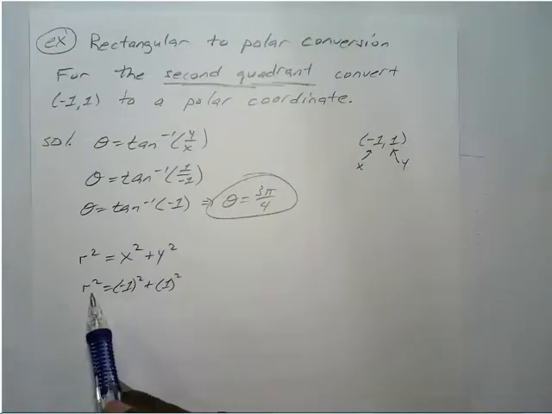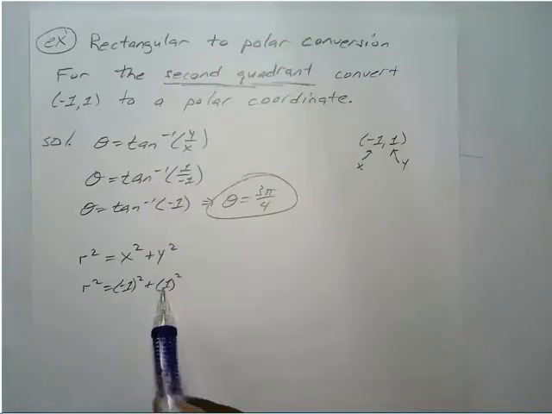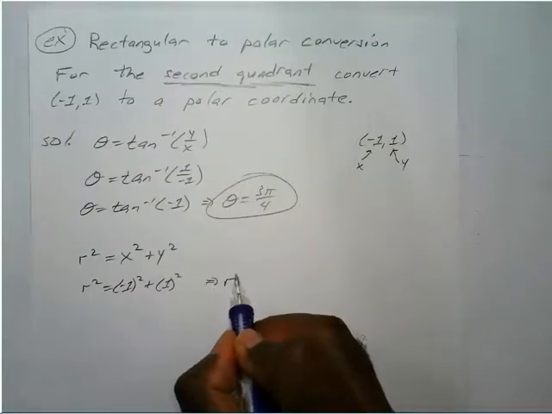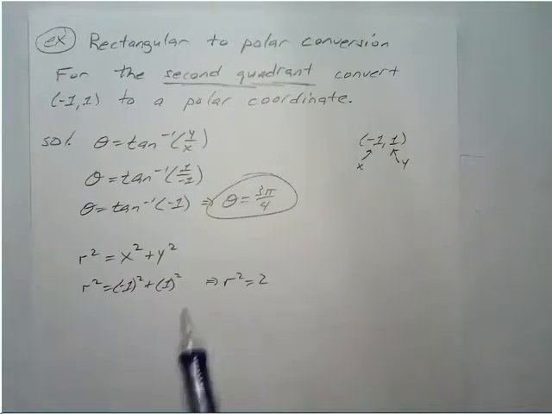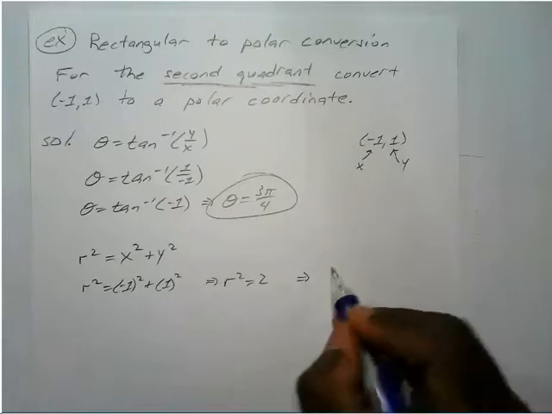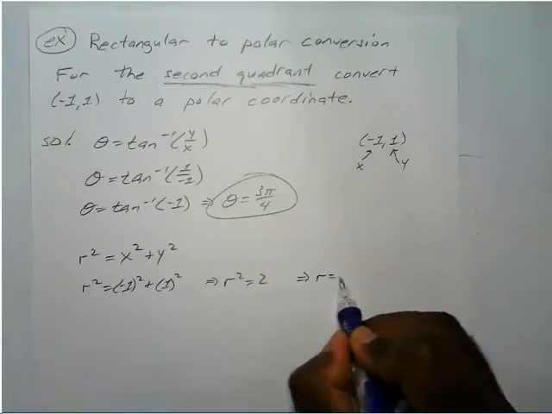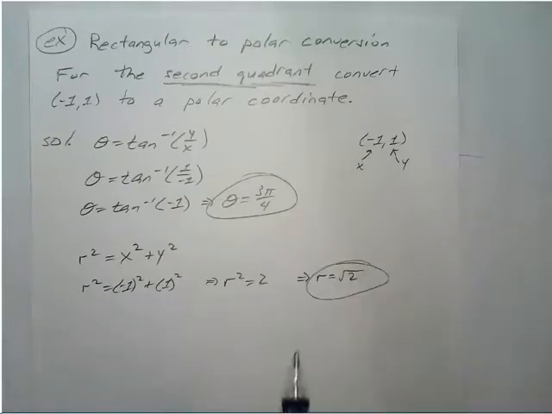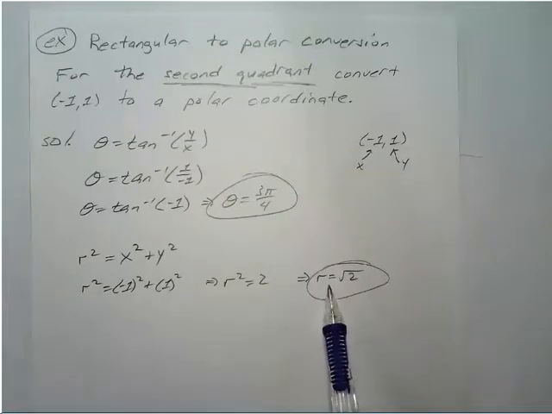So r squared equals 1 plus 1, which is 2. We square root both sides, and r equals square root of 2. Usually it's positive and negative, or negative square root of 2, but we know that the distance isn't negative for this particular one because it's in quadrant 2.